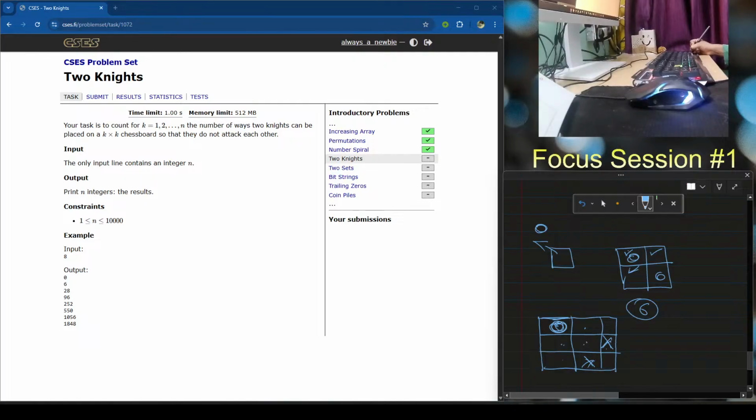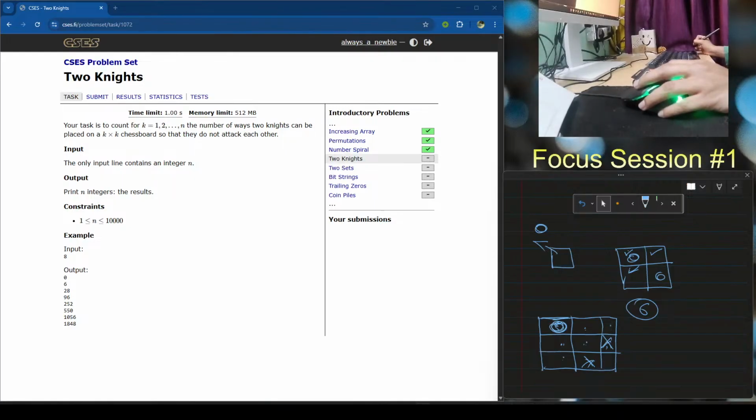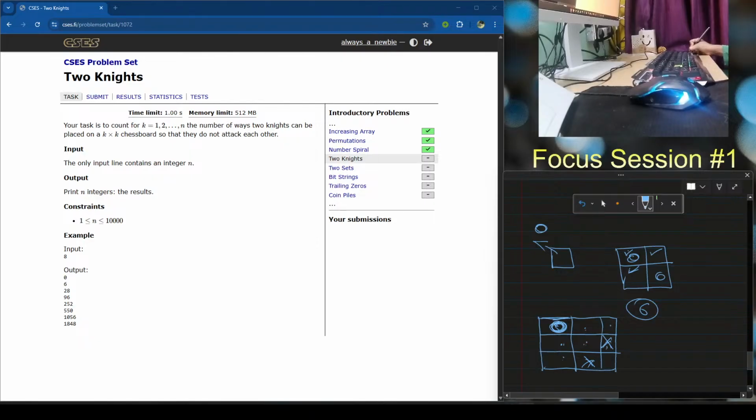No. Wait, no, no, wait, no. It is here. Let me just check if my audio is okay. It is perfectly fine. Okay. So if I'm placing a knight here, I cannot place my other knight here, or I can place it here.